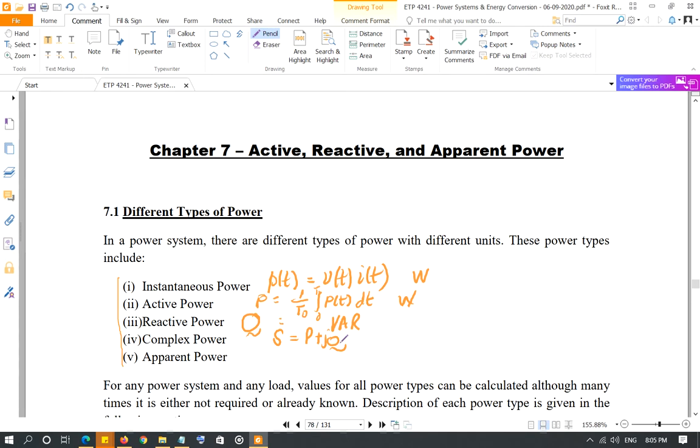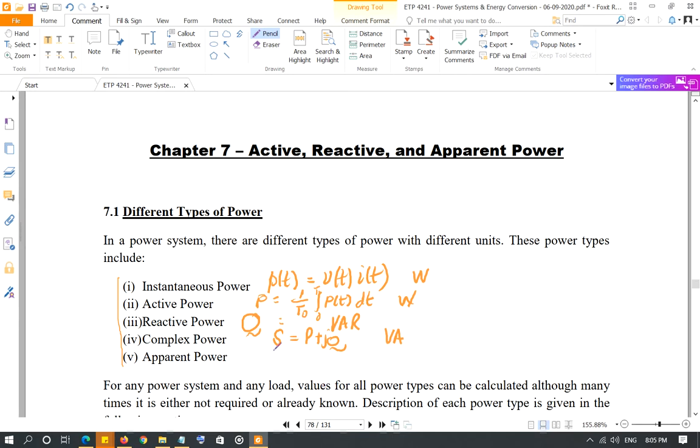And Q, as I said, can be negative or positive. If your total reactive load is capacitive, Q will be negative, so it's going to become P minus jQ in that case. And if the total reactive load is inductive, Q will be positive, so it's going to be P plus jQ in that case. So that's your complex power, and the unit of complex power is simply volt ampere.